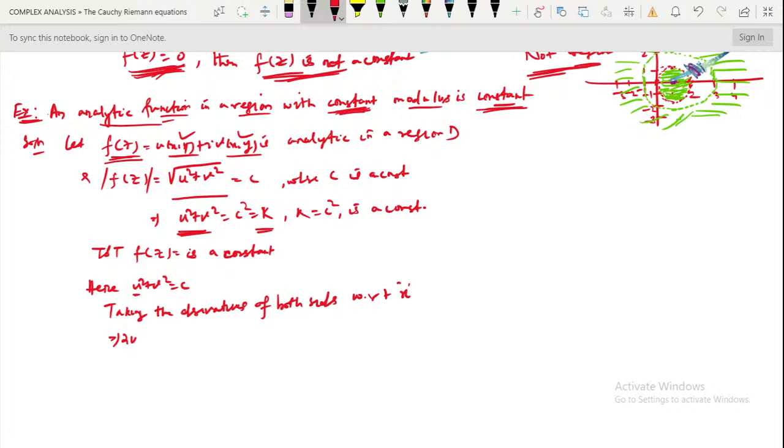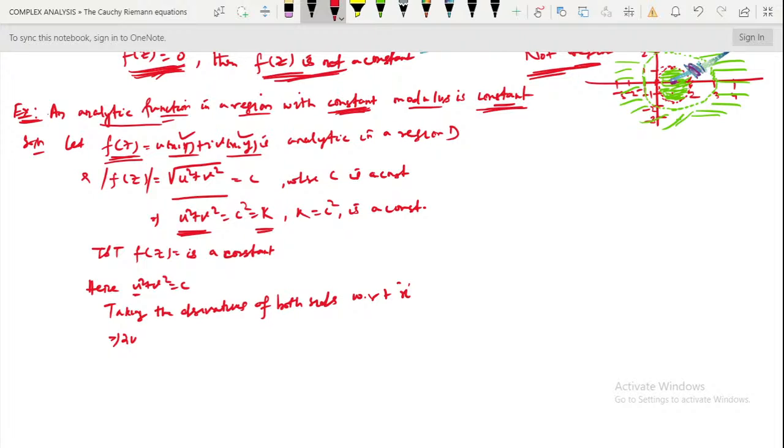So u times this one, u ux minus v uy equals 0, plus v times equation 4, u uy plus v ux equals 0.